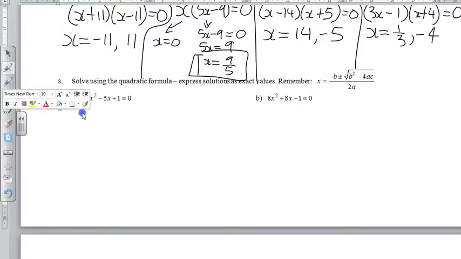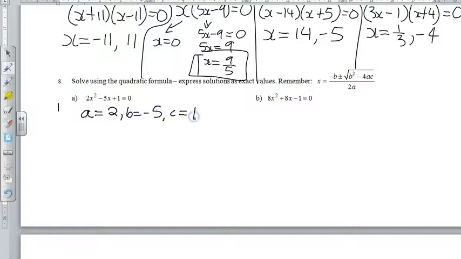Okay, identify A, B, and C. Write down the formula. I always write it down even if it's in front of me. Not that I can write it right. Come on, where's my eraser? Why won't you erase?